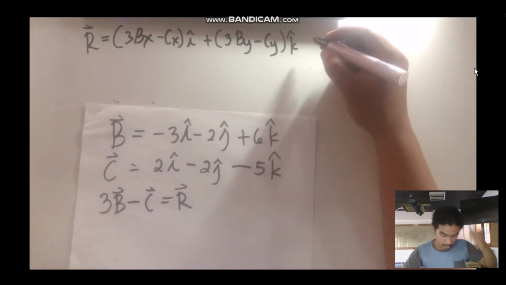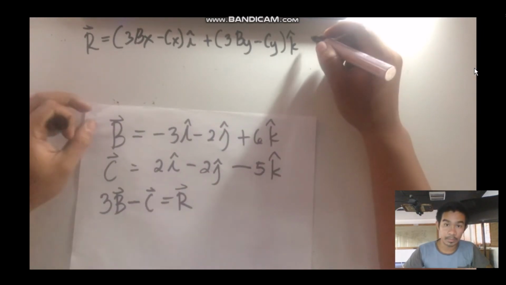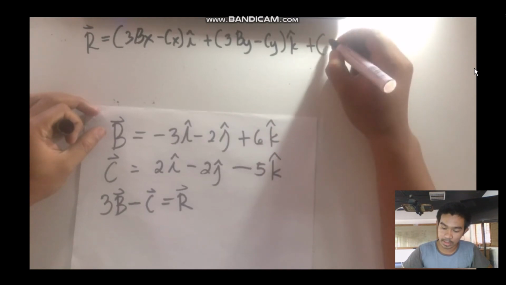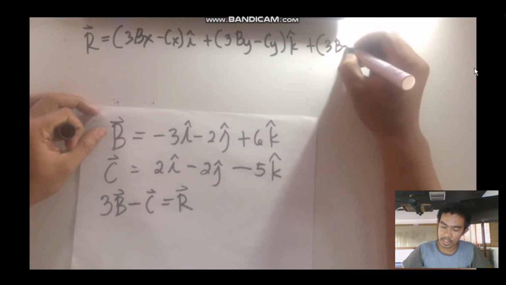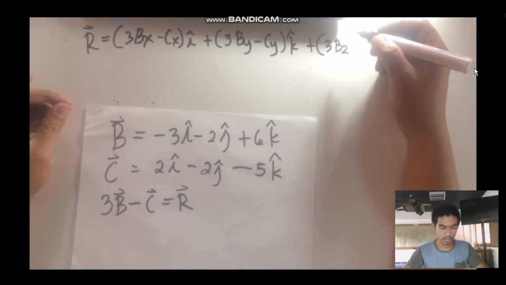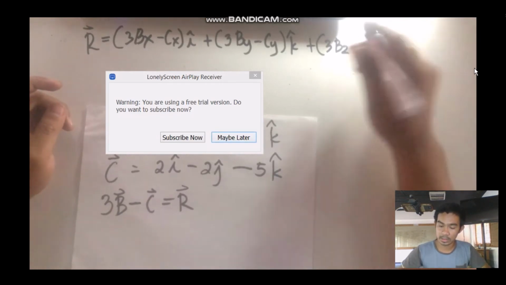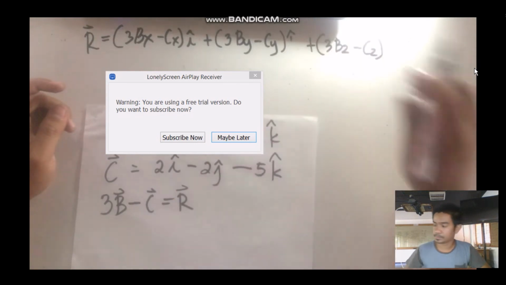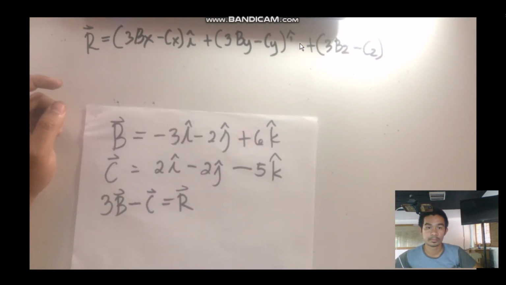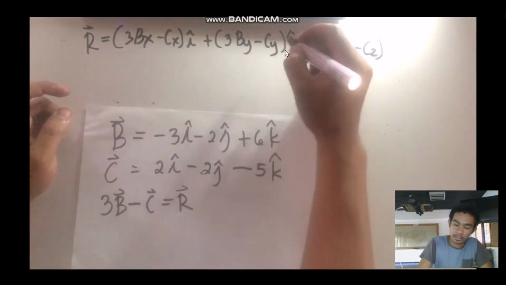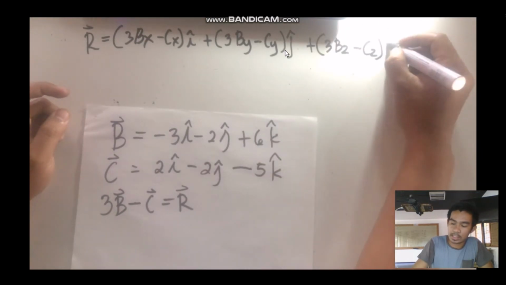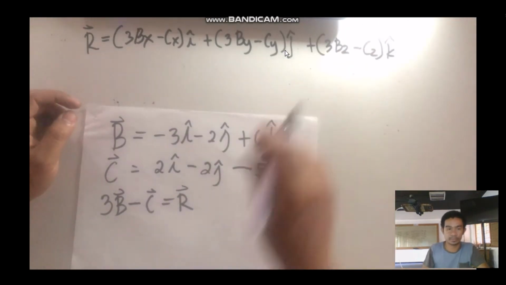And then for the z component, plus 3Bz minus Cz. No, I'm sorry, this is j hat. So this is j hat and this is k hat, right?